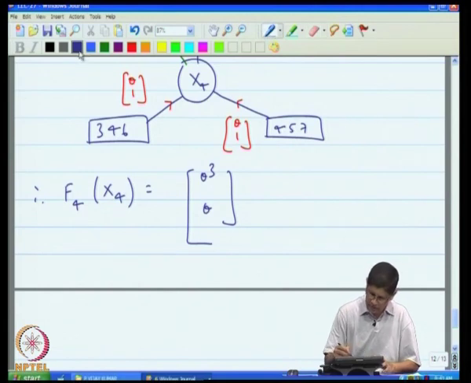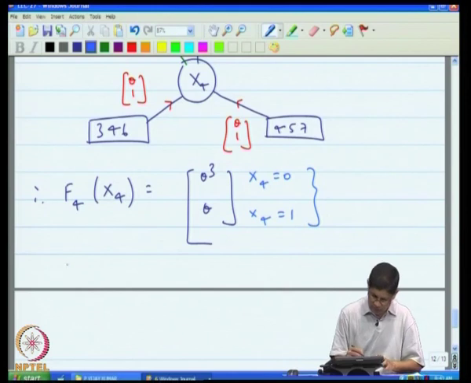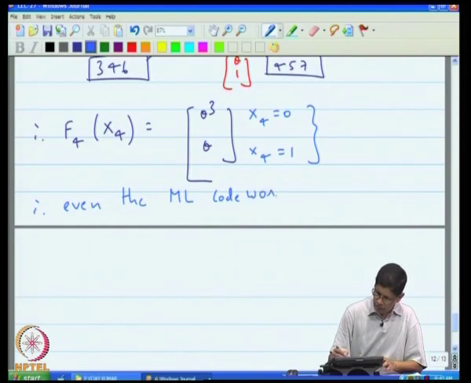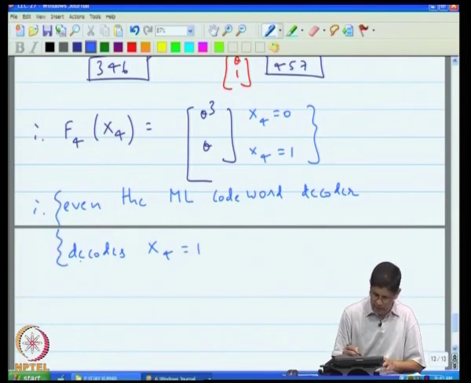So, again a reminder, this here stands for x 4 equal to 0, this is x 4 equal to 1, and when you do the comparison you see that x 4 equal to 1. So, therefore, even the maximum likelihood code word decoder decodes x 4 equal to 1. So, in both cases you end up correcting the error.